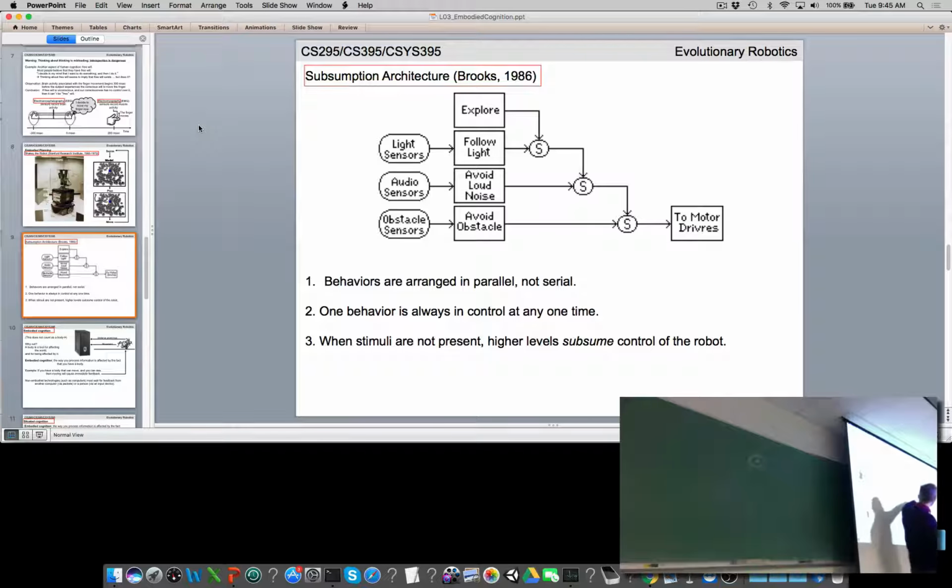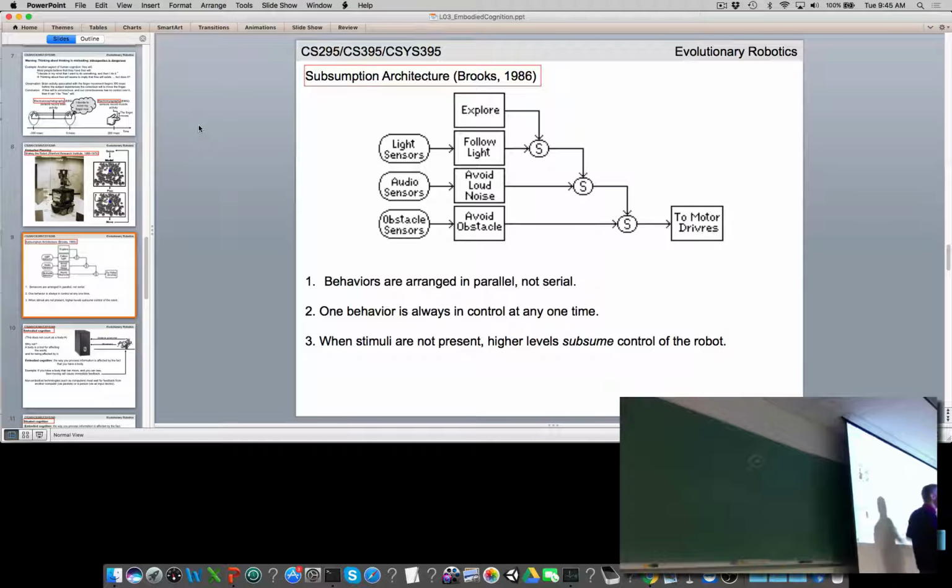So in the Roomba, or any robot that has a subsumption architecture, there are all these different components of the robot's brain that are doing some computation. Is there an obstacle nearby? Is there sound nearby? Is there a light source nearby? They're all computing what they do in parallel. And as long as the lower ones are quiet, meaning they say, I don't detect the thing I'm supposed to detect, then the higher order things are allowed to control the motors.